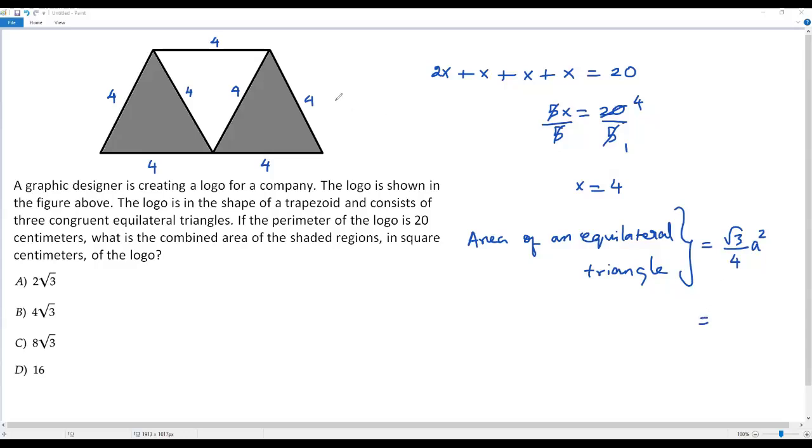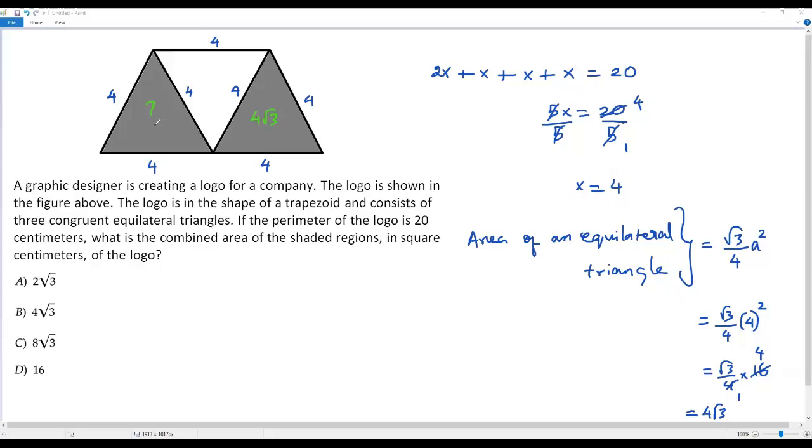In our problem, the length of each side is 4. So root 3 over 4 times 4 squared. The value of 4 squared is 16. 4 goes into 4 one time, and 4 goes into 16 four times. So the area of the first shaded region is 4 times square root of 3.